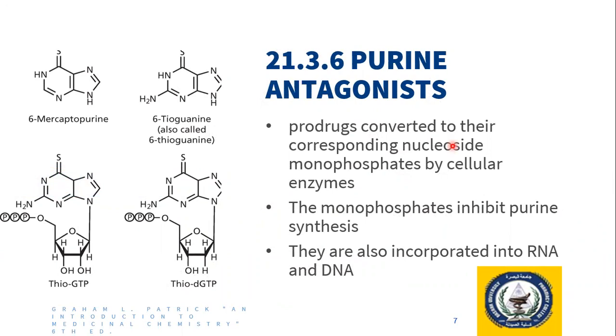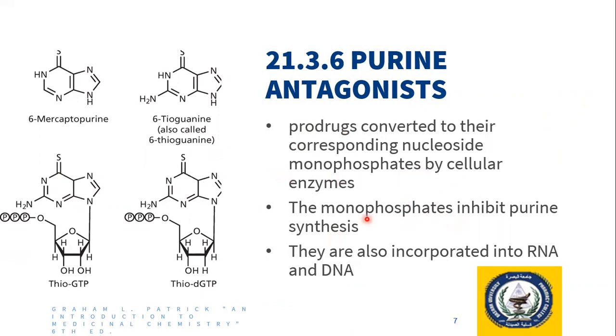Other examples of inhibitors are the purine antagonists. These are prodrugs, just like the other ones. Like 6-mercaptopurine and 6-thioguanine, these are prodrugs converted to their corresponding nucleoside monophosphate by cellular enzymes.